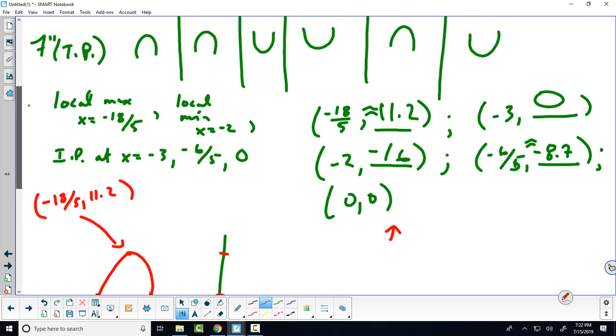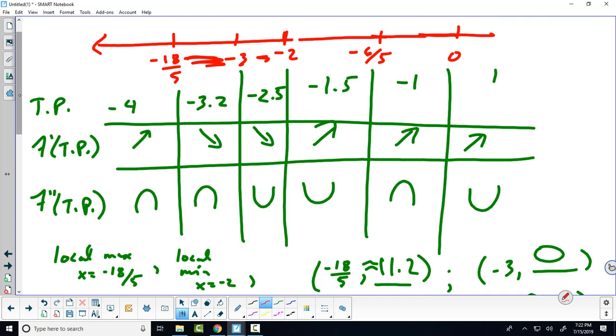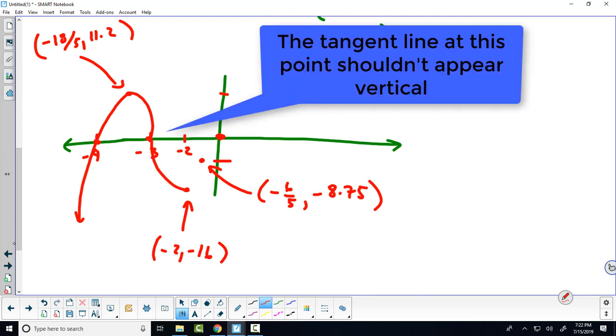Now once we leave -3, we're going to continue decreasing, but now in a concave up manner.